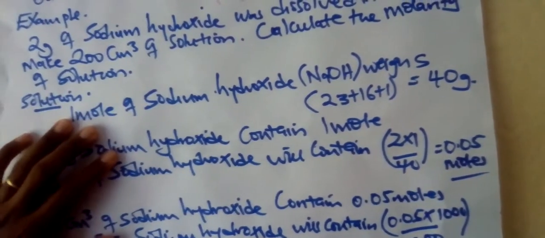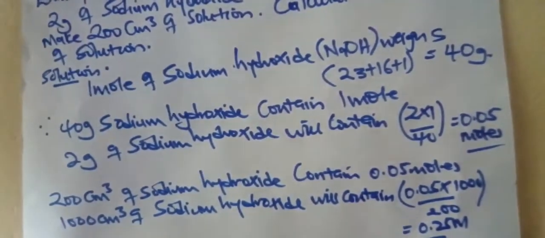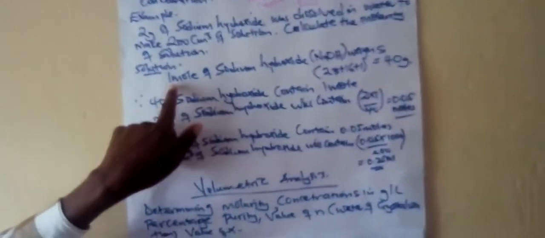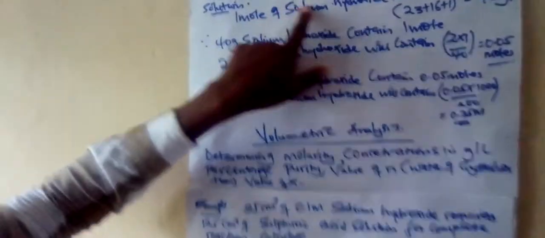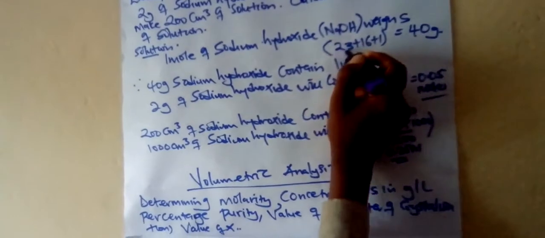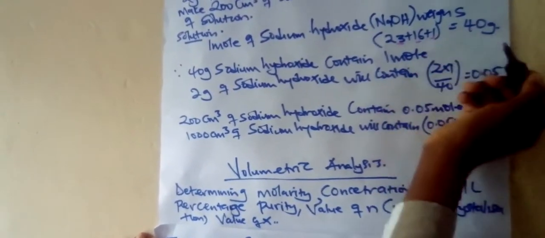In order to get the molarity, remember these are mass, and molarity talks about number of moles. So convert this mass into moles first. 1 mole of sodium hydroxide weighs 40 grams, because sodium is 23, oxygen is 16, hydrogen is 1.